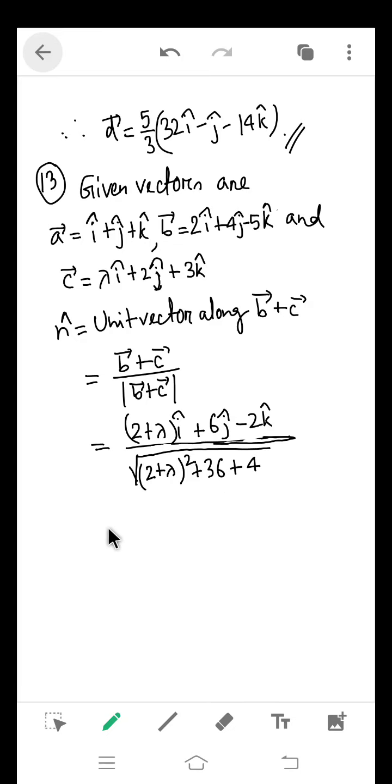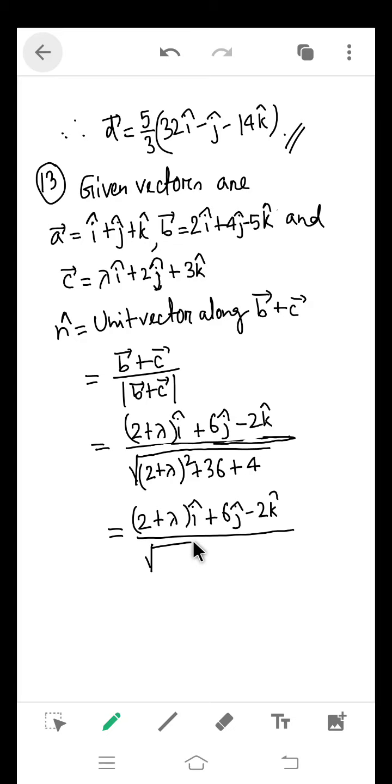So finally you have got the unit vector along the direction of b plus c as 2 plus lambda i cap plus 6j minus 2k divided by this.